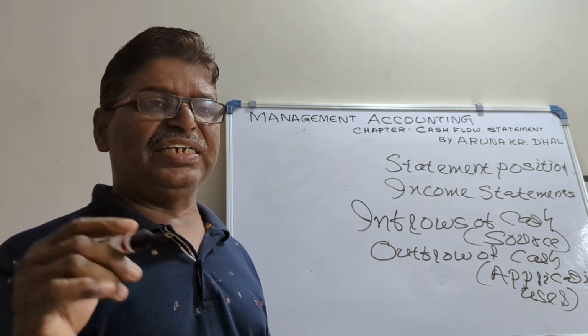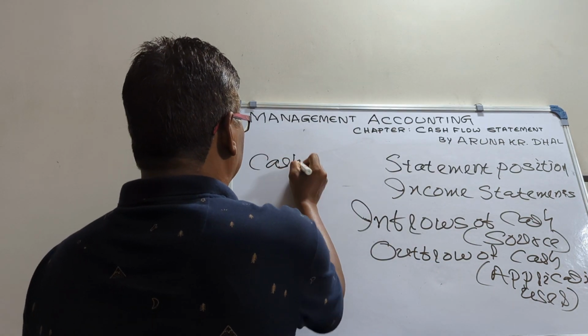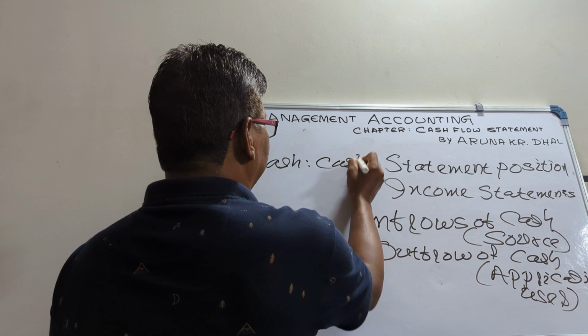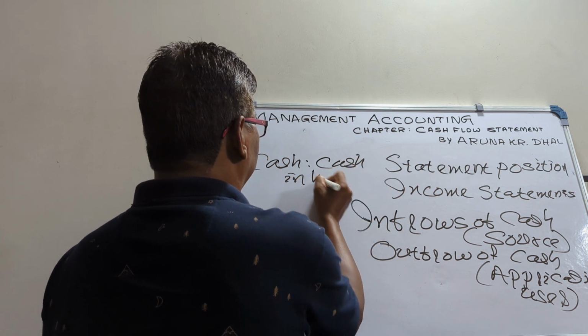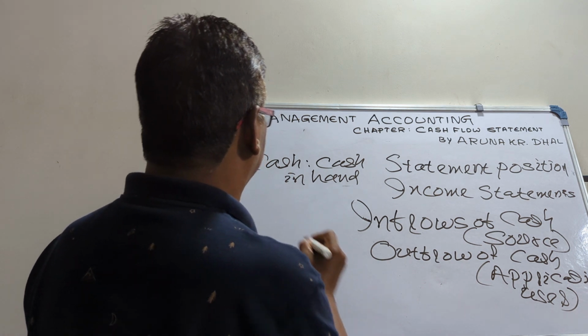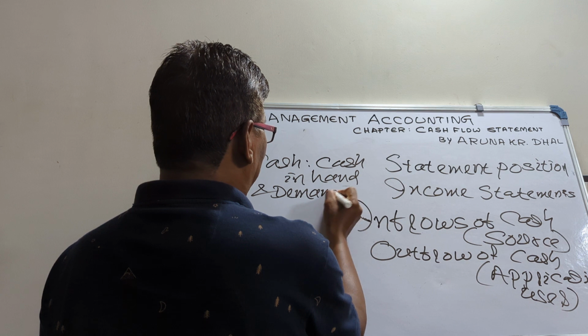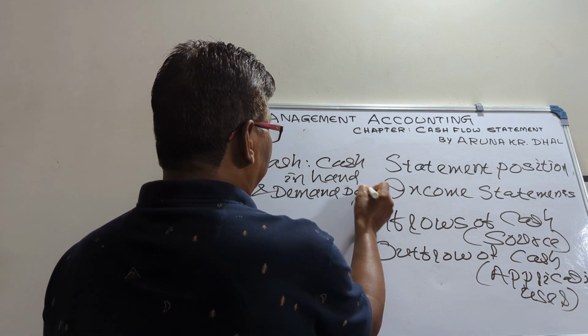So cash inflow includes cash and cash equivalents. Cash includes cash in hand and demand deposits with bank.